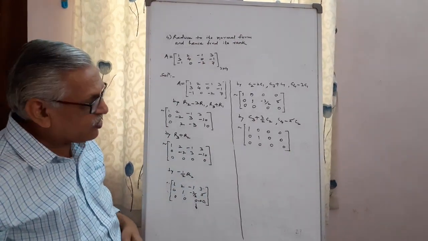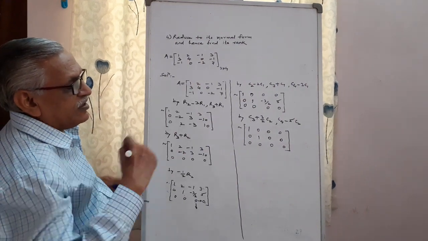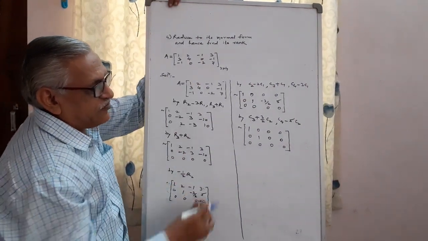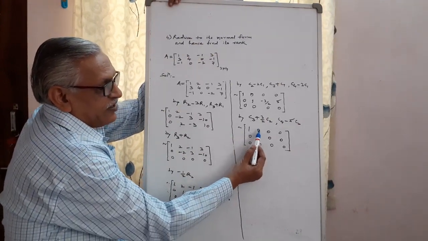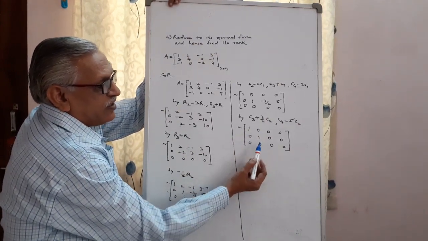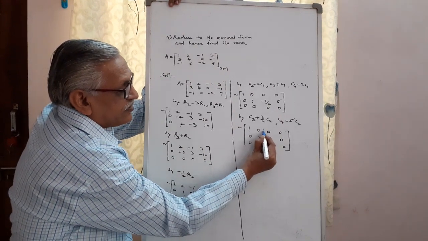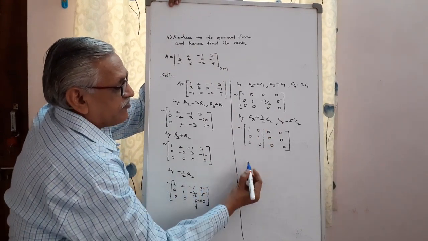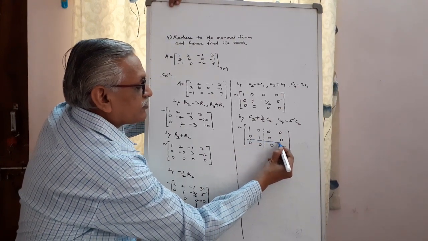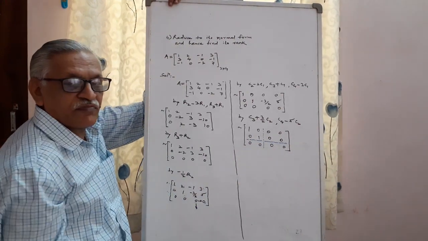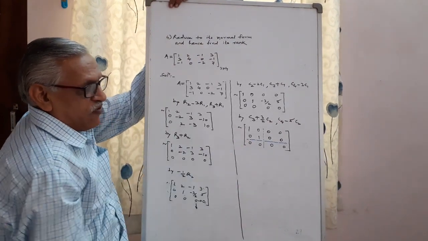Here the calculation is over. Then separate the identity matrix from this last matrix. We try to find the identity matrix: 1 0 0 1 is the identity matrix. I will separate it by drawing dotted lines, and this is the normal form.